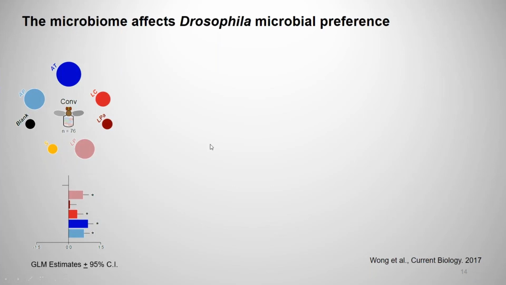They also have a moderate attractiveness towards different Lactobacillus. And that also makes sense because Lactobacillus is also a member of the fly microbiome. And they certainly have less attraction towards the food that has no microbial contamination or towards the pathogens.